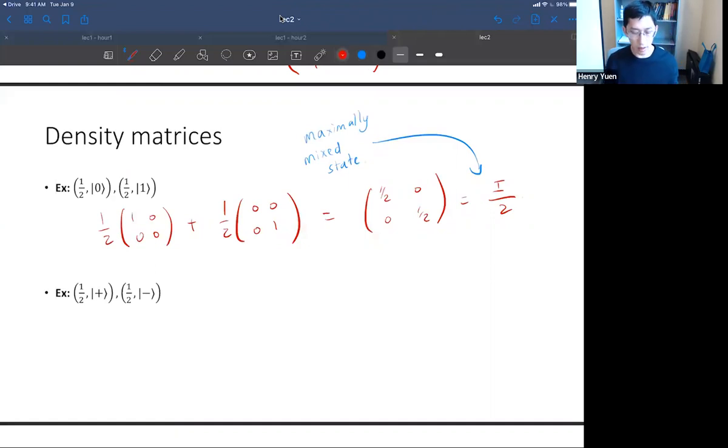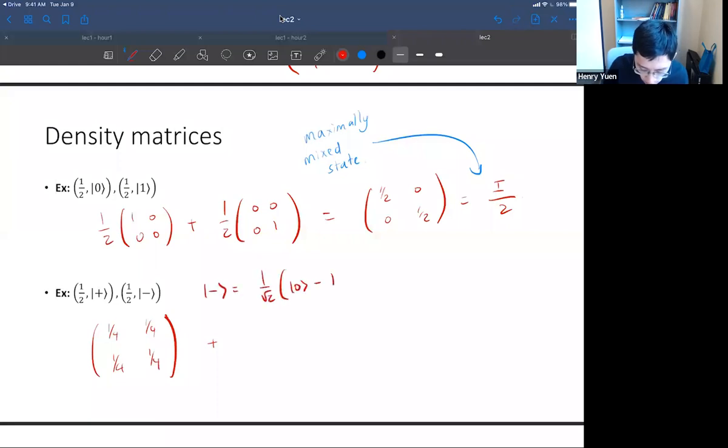It's a mixture of ket plus and ket minus. We already saw what the ket plus matrix was. This is 1/4, 1/4, 1/4. And if you add in the minus state, let's remind ourselves what the minus state is. It's the equal superposition between 0 and 1, except there's a minus sign in front of ket 1.